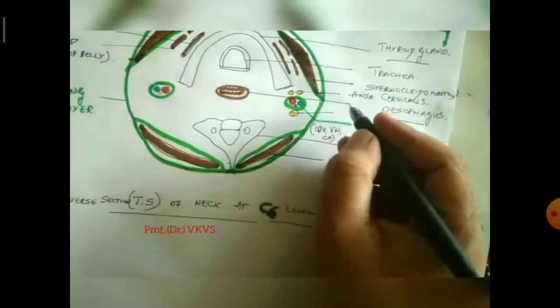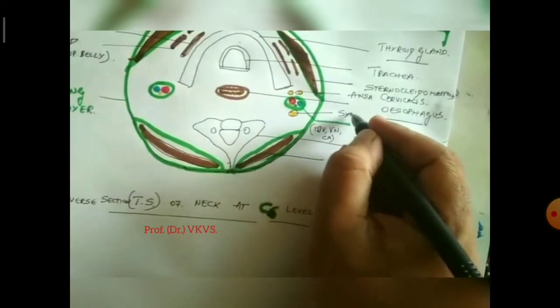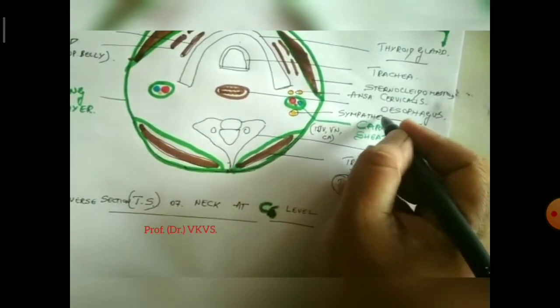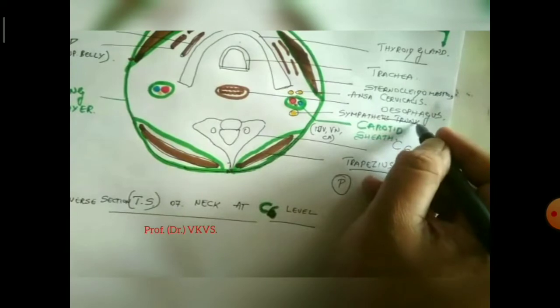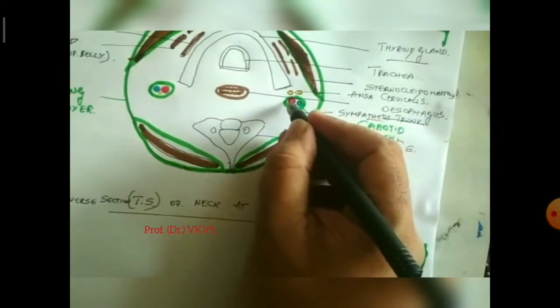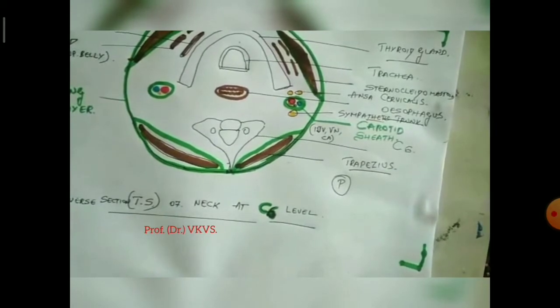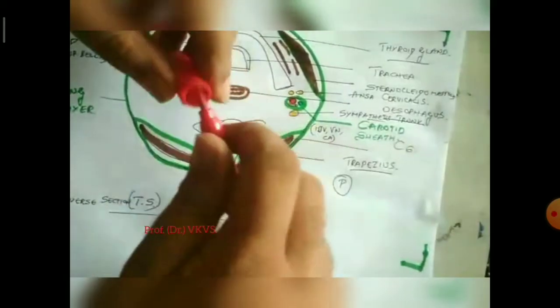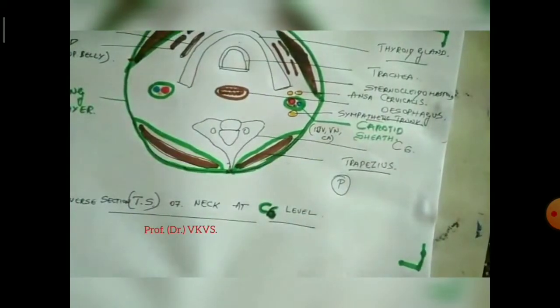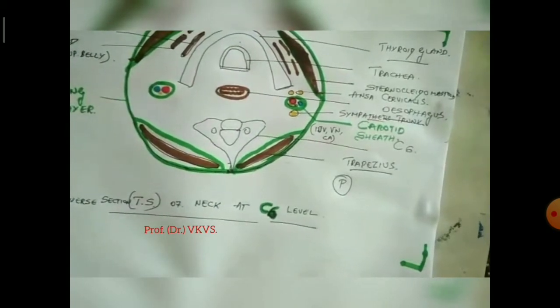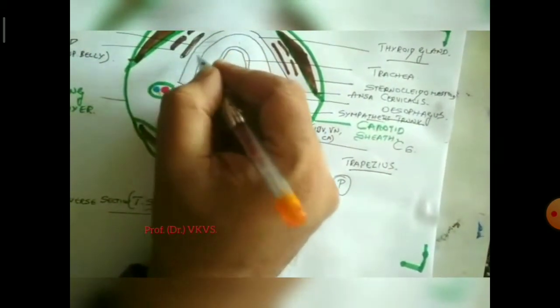Posteriorly, we have the sympathetic trunk. The carotid sheath is wedged between three layers of deep cervical fascia.